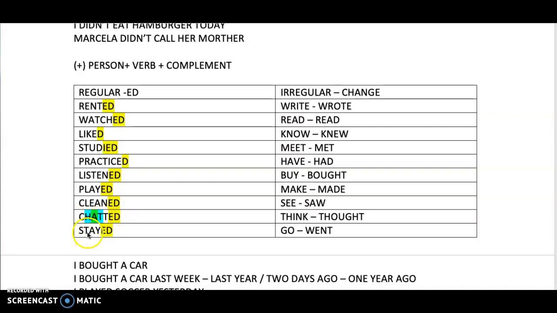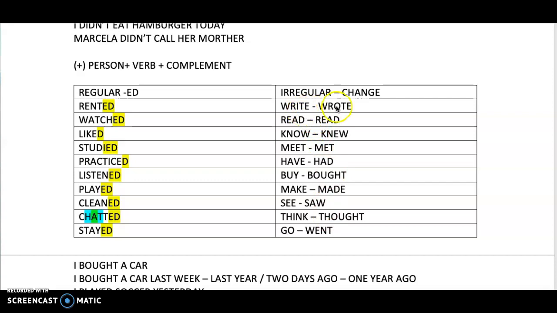And finally, stayed. For irregular ones, we have write in present. This list is in present and this list is in past. I just needed you to pay attention to the change, okay?